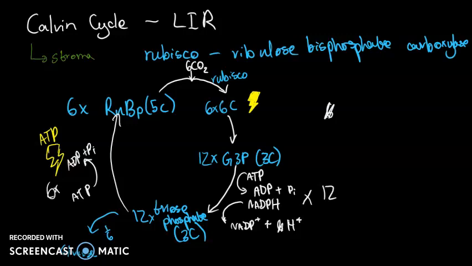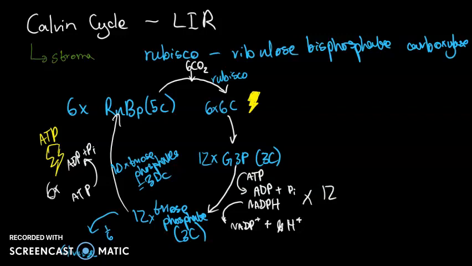Since we have 12 here, we're going to need 6 of these. And you have the other 5/6 of the 12 triose phosphates, so 10 triose phosphates, which is 30 carbons, exactly equal to 6 times 5 carbon RuBPs, which is 30.